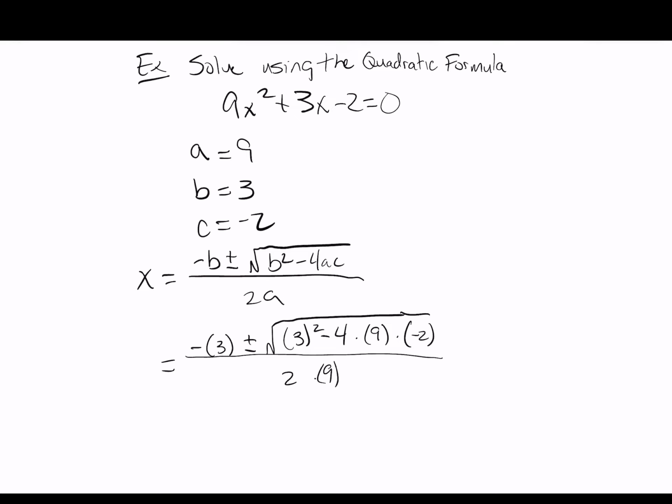Okay, let's start in the radical. 3 squared is 9. So let's copy it down. -3 plus or minus the square root of 9 minus 4 times 9 times -2. 4 times 9 is 36, times -2 is -72.